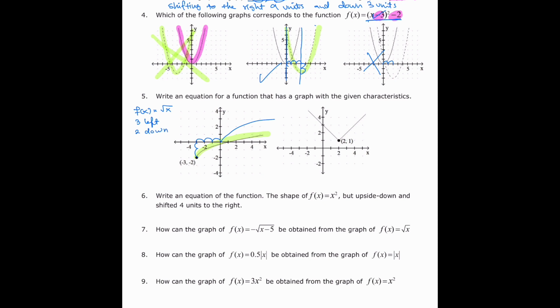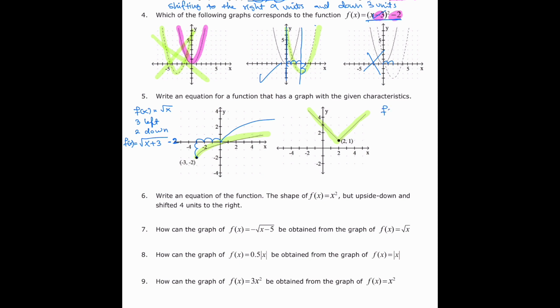So I will apply that transformation, which is going to make it square root of x plus 3, that is movement to the left, and then minus 2 outside is the movement down, and that is the graph of the function.